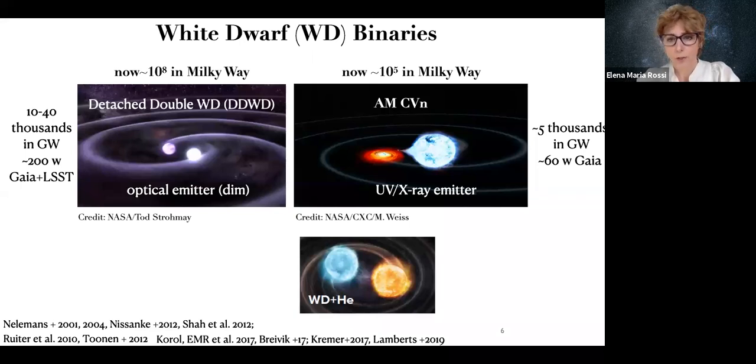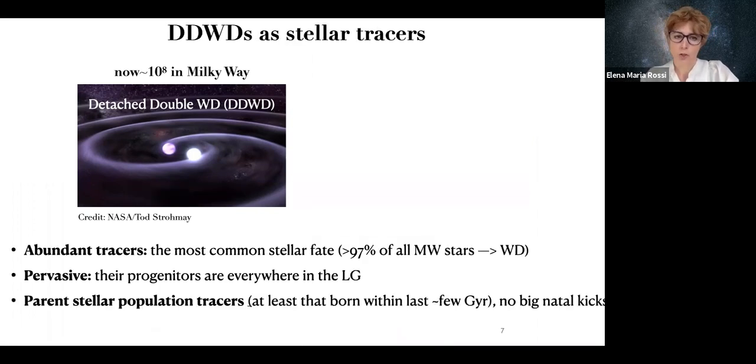There are other kinds of binaries with white dwarfs, accreting binaries, white dwarfs with helium core, but I will not talk about those today. I will just focus on detached double white dwarf binaries, which are the most common. Why do I think they are excellent tracers of the stellar populations in the local group? Because they are abundant. In fact, white dwarfs are the most common fate of all stars.